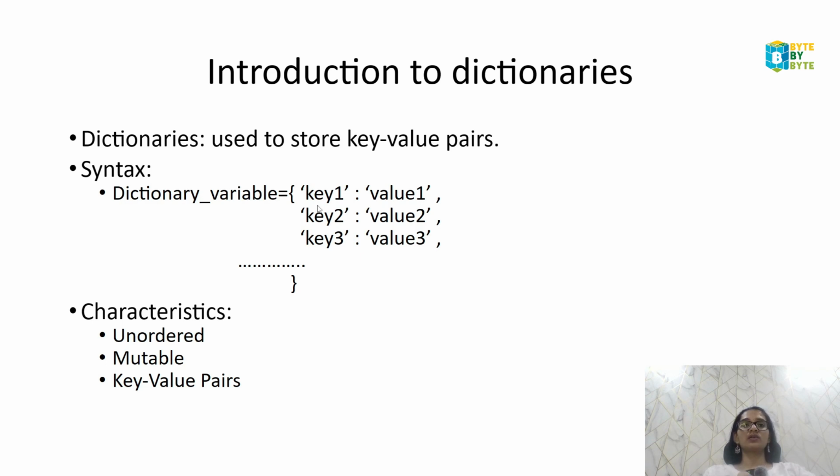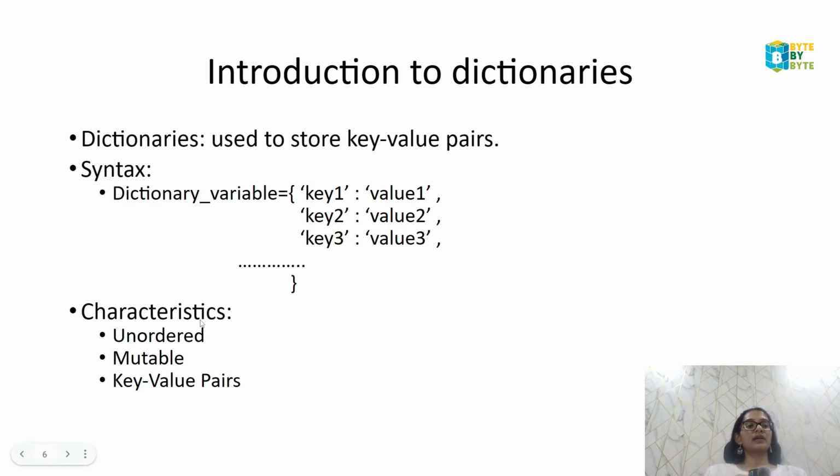First, in single quotes or double quotes, you give your key one, then a colon, then its value, then a comma, then the next key value pair, then a comma, then the next key value pair.